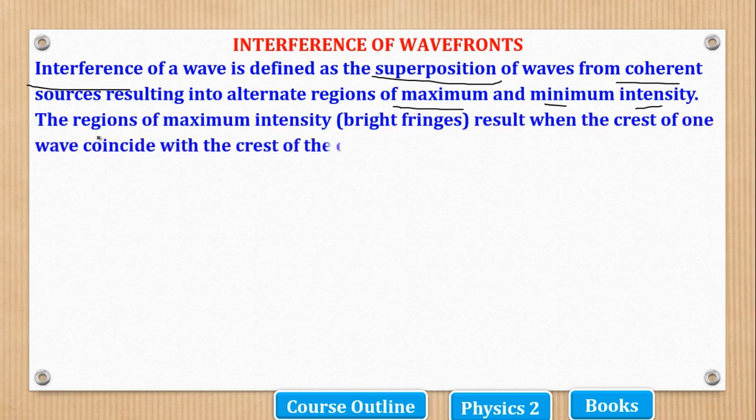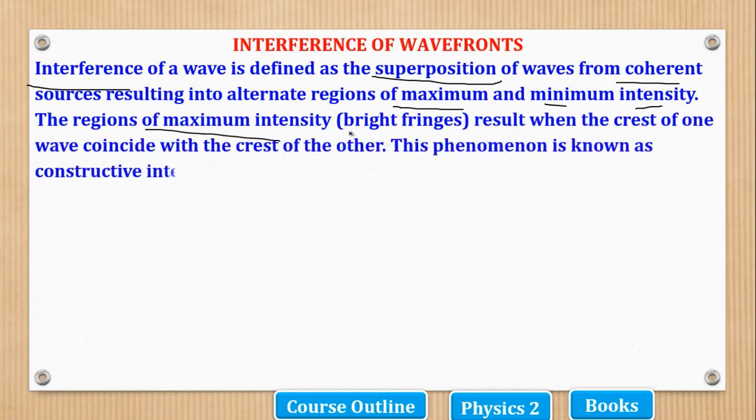At maximum intensity, there is what we call bright fringes, and at minimum intensity there is what we call dark fringes. The regions of maximum intensity result when the crest of one wave coincides with the crest of the other wave. I think at the beginning we saw what a crest is.